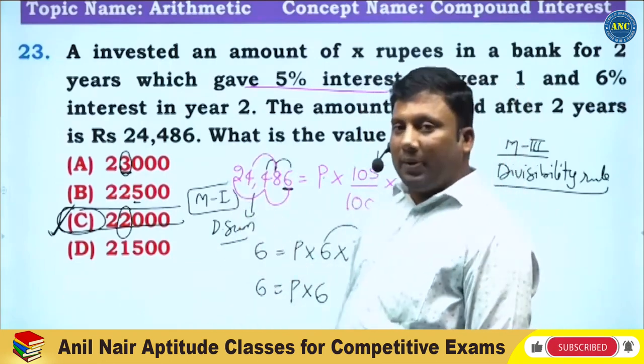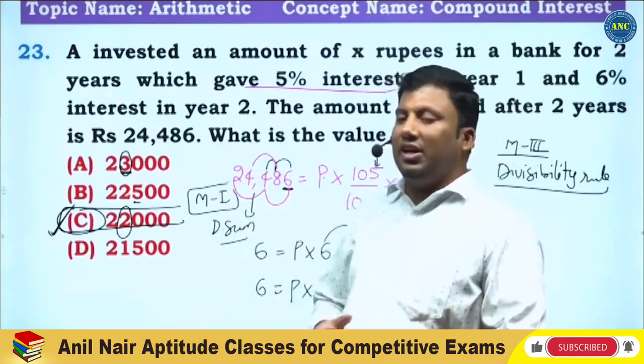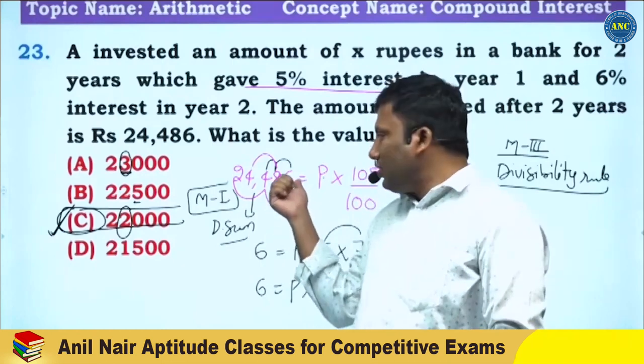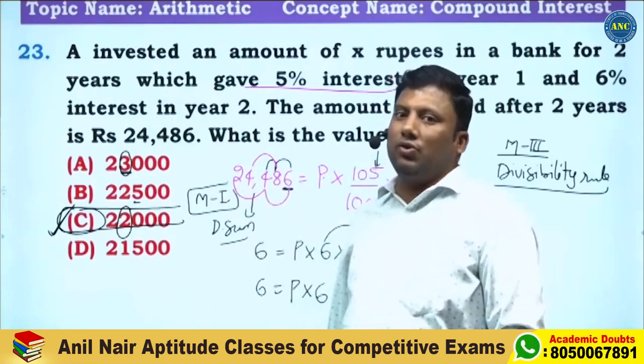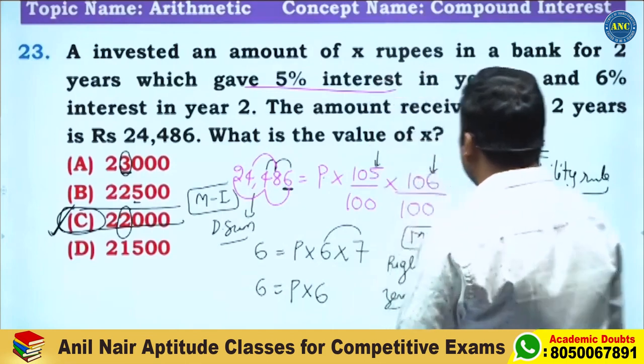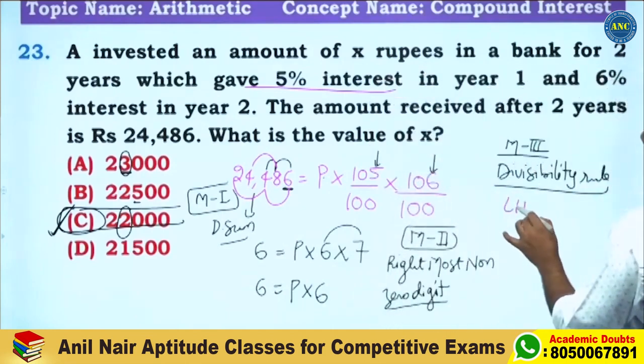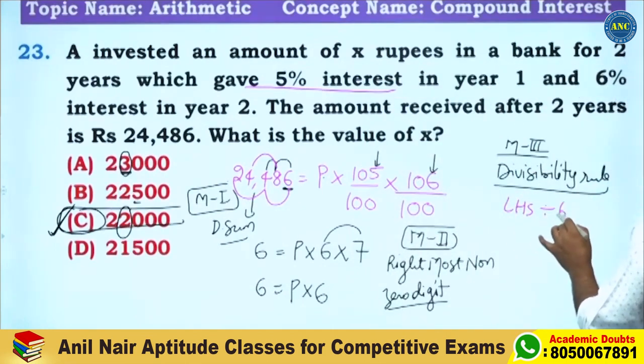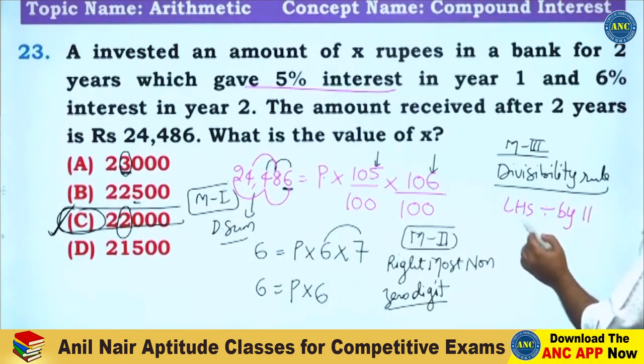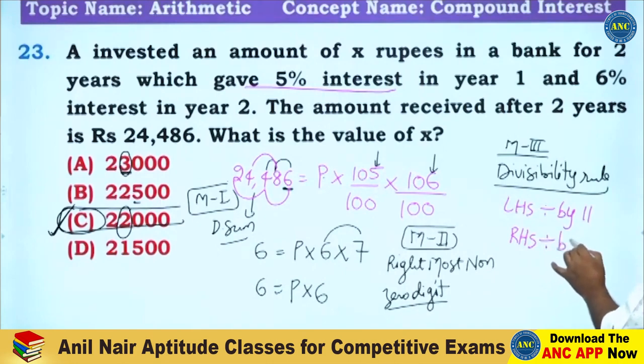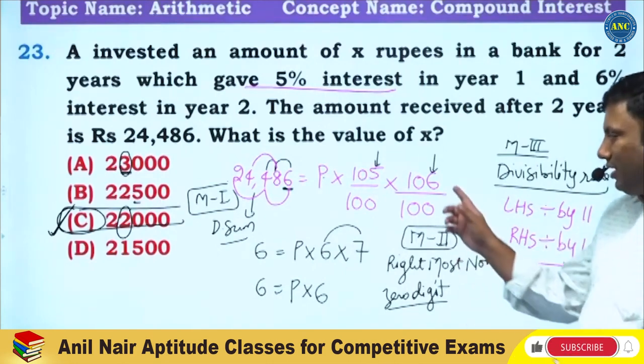Sum of the odd places minus sum of the even places, 12 minus 12, it is 0. That means LHS is divisible by 11. That means RHS should also be divisible by 11.